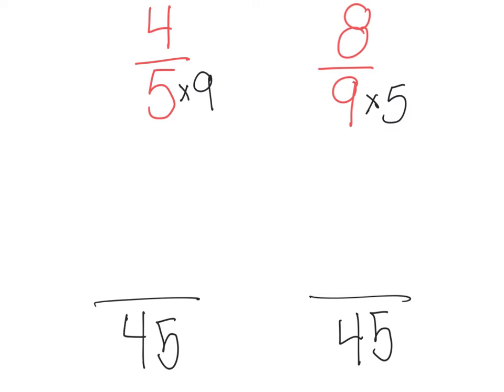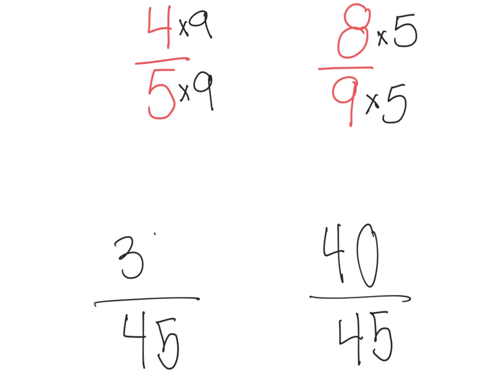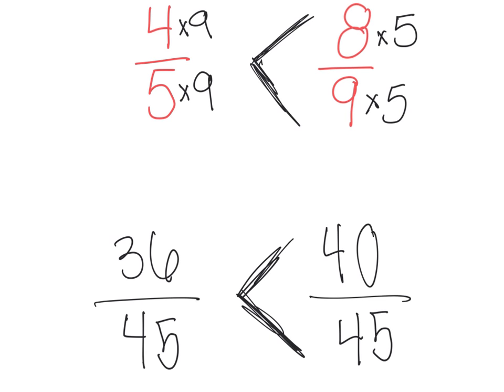I multiplied 9 times 5, so I have to multiply my 8 times 5 as well, which will give me 40. And then I have to multiply my 4 times 9, because I multiplied 5 times 9. So 4 times 9 is 36. Well, 40/45ths is bigger than 36/45ths. And since 40/45ths is equivalent to 8/9, that means that 8/9 is bigger than 4/5.